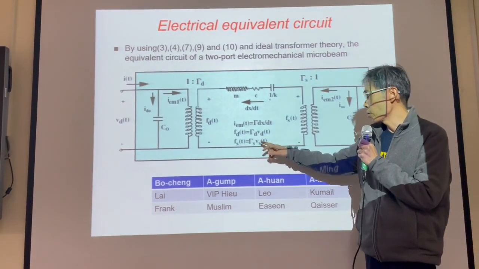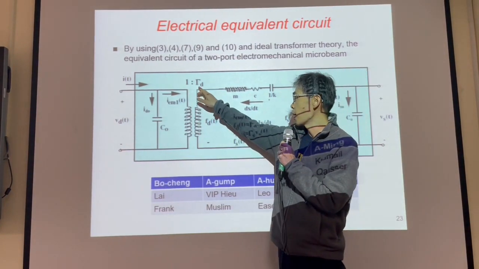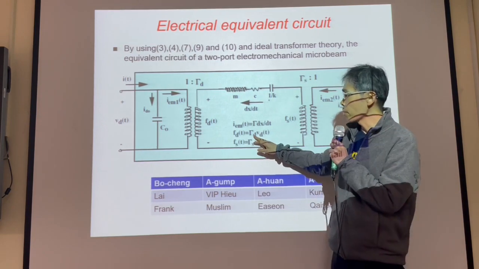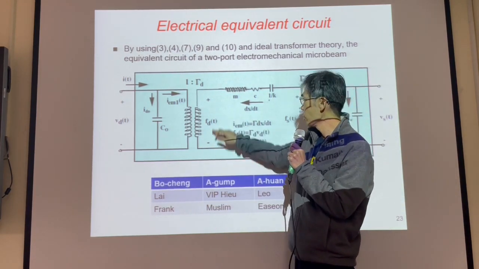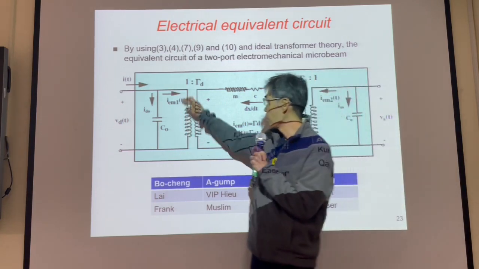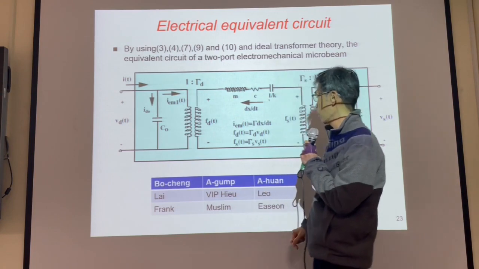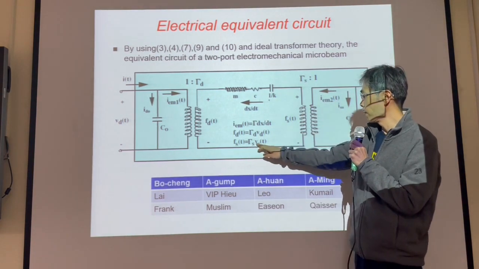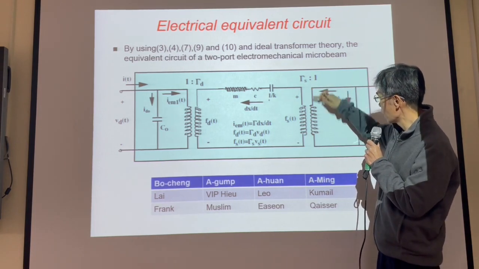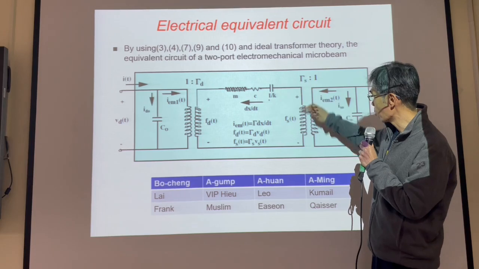So, we have the equation. For the transformer, we have gamma D, this constant. The relation between FD, this is the voltage drop here, and VD, the voltage from this node to this node. And for gamma S, the transformer, we have the VS node and this node, the VS voltage potential. MS is the voltage drop.